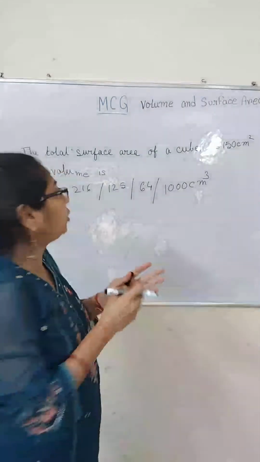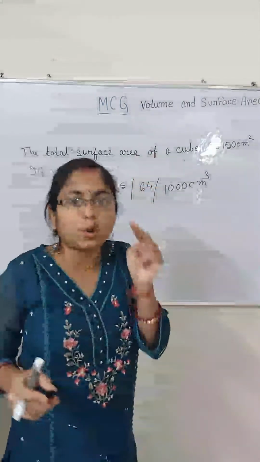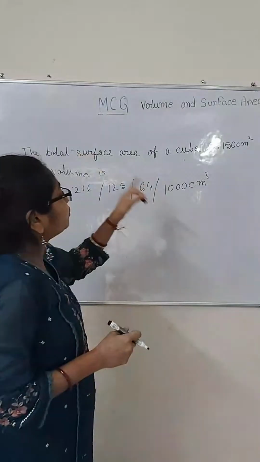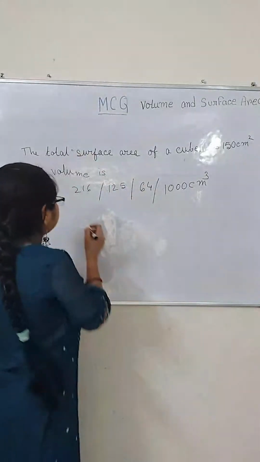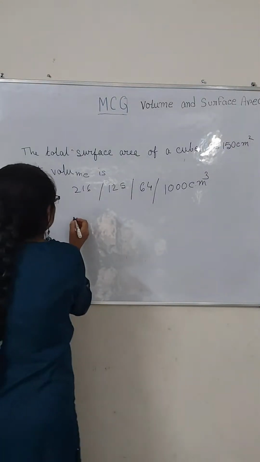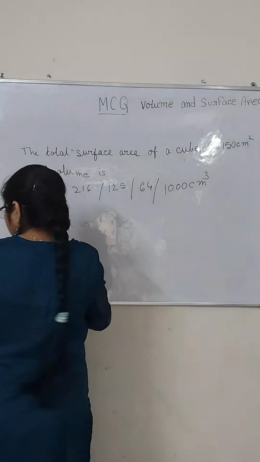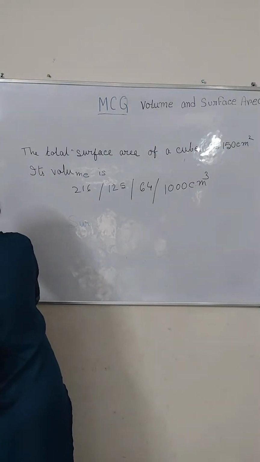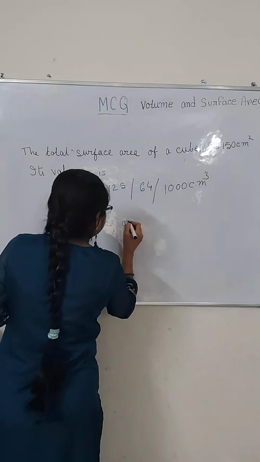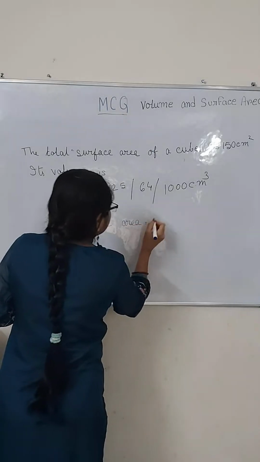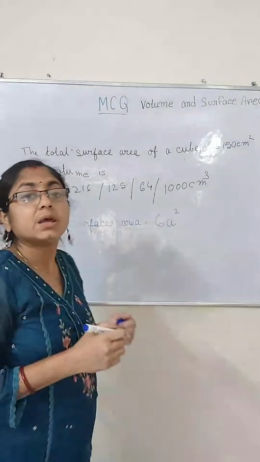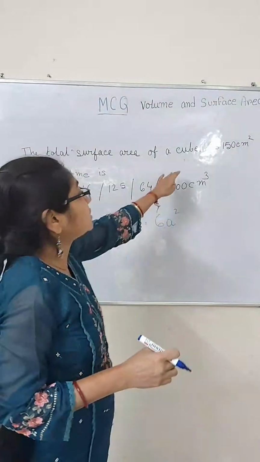Here there are two formulas we should apply. Number one, surface area of a cube. What's the formula of the surface area? Surface area is 6a square, because it is a cube.